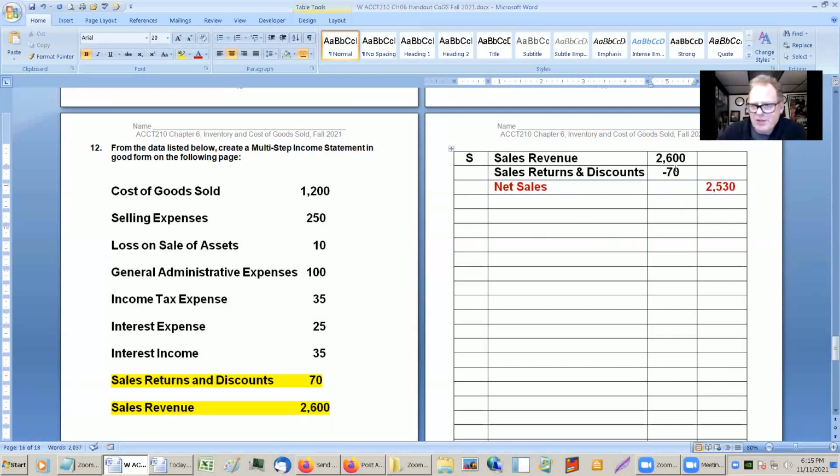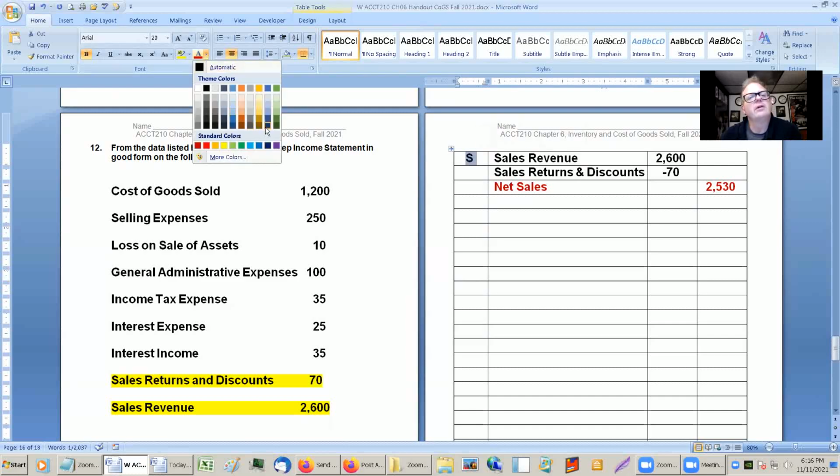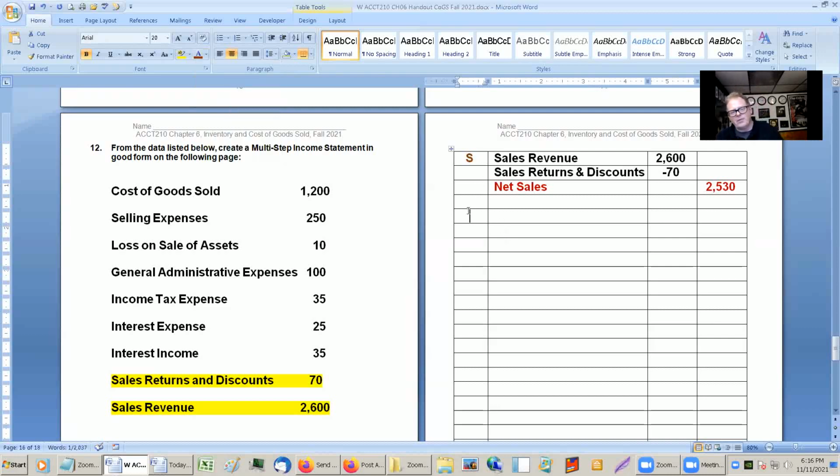We sold 2,600, but 70 got sent back, or we gave money back of whatever, 70. And so now our net sales are just the 2,530. So that is our S. Okay, so our sales.